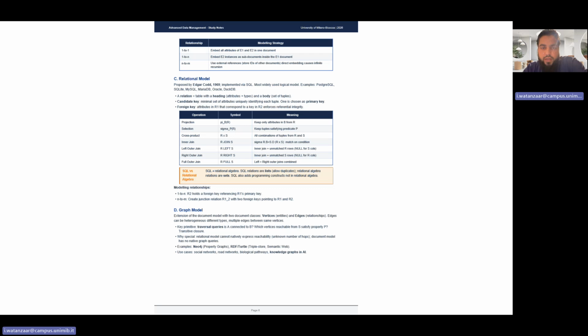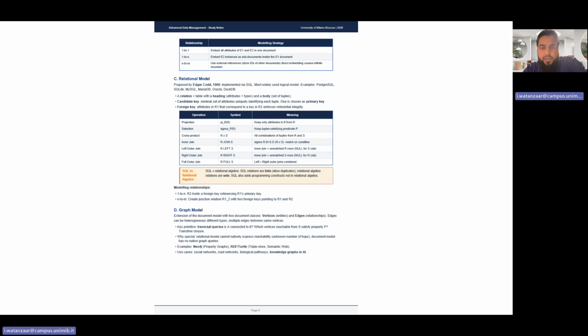Left outer join, so R left join S. It means it will automatically apply the inner join plus the unmatched R rows from the R table. So they will apply the inner join plus the unmatched R rows, with null for the S columns in this case.